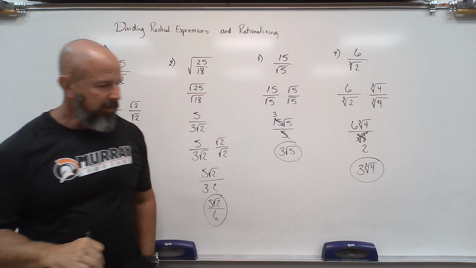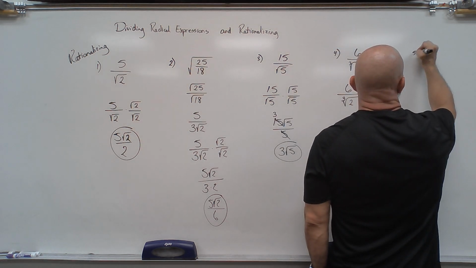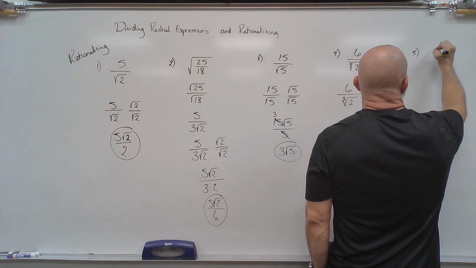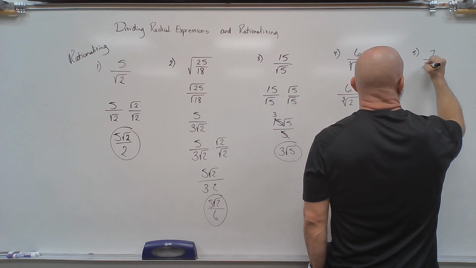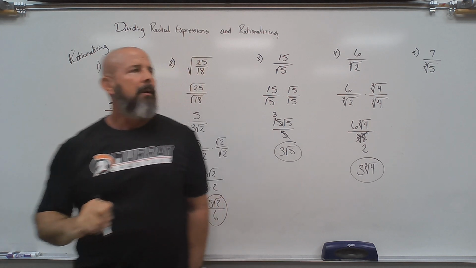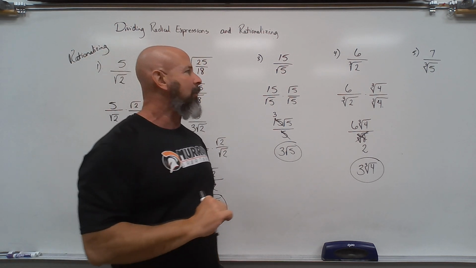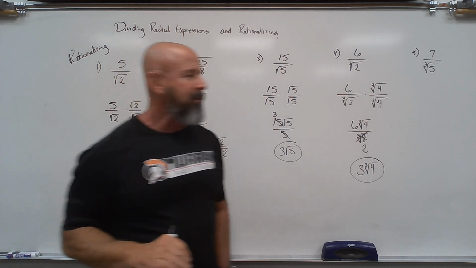So let's look at a cube root again. Let's say, let's go 7 over the cube root of 5. Can't reduce. I need to get rid of that radical in the denominator. I need to rationalize it.